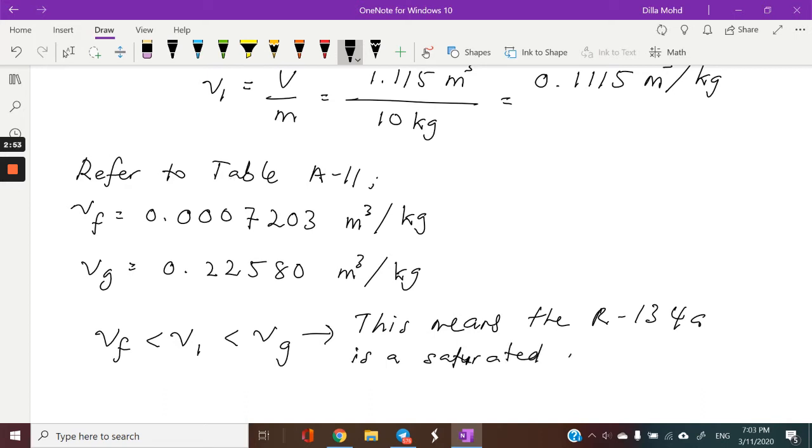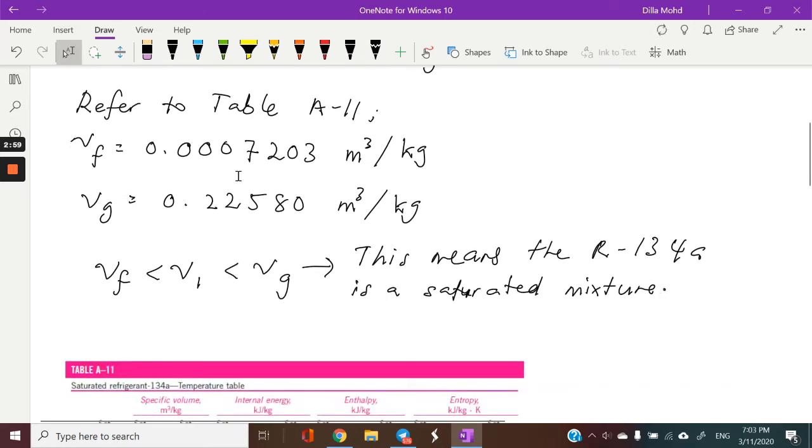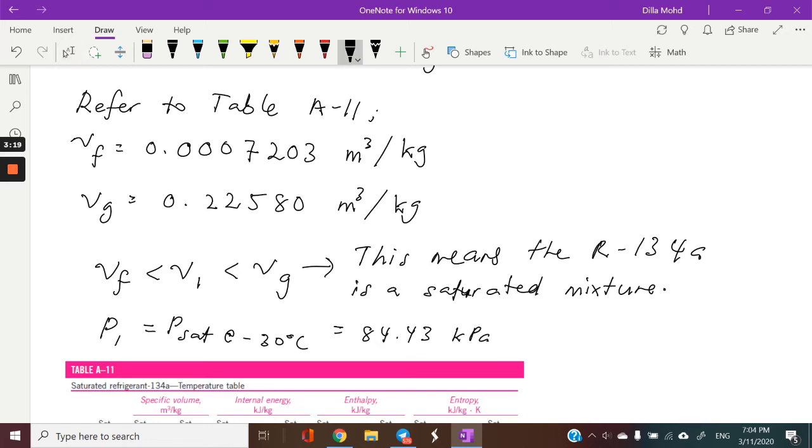Based on that, you can get your pressure P1, which is the saturation pressure at minus 30 degrees Celsius, and this equals 84.43 kilopascal.